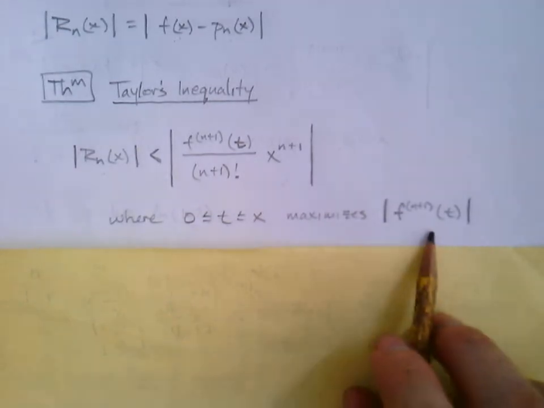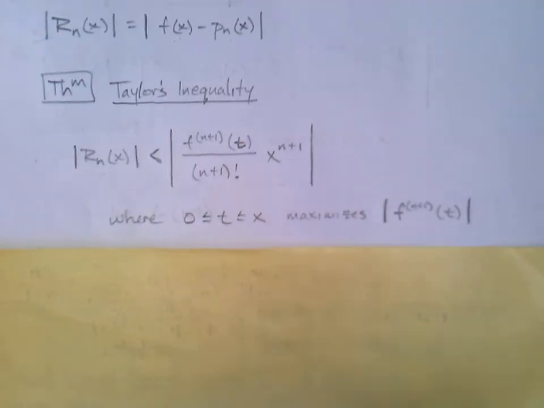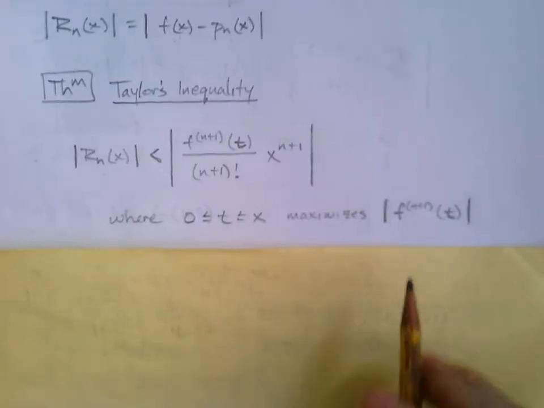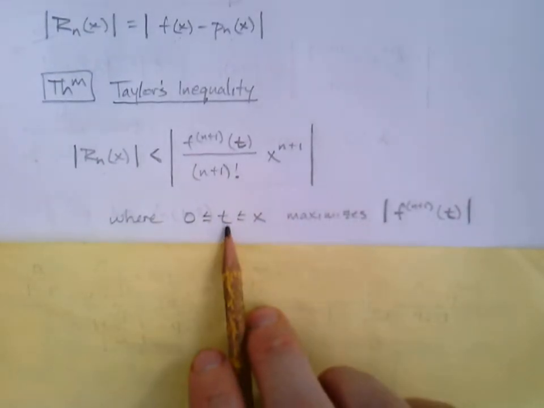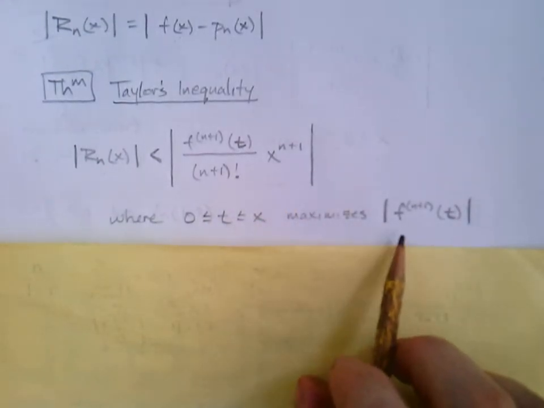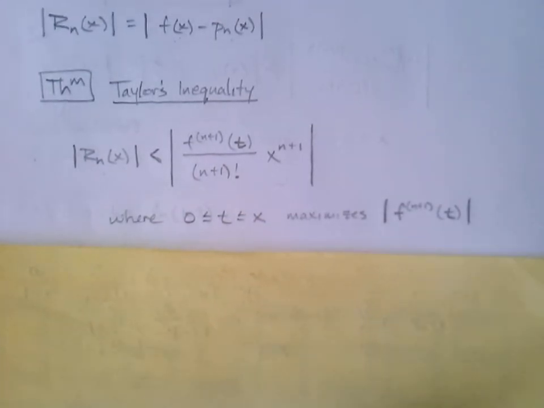And it maximizes that n plus 1th derivative of your function. Maximizes the absolute value, I should say. Okay. Now this thing about t is kind of strange. Let's do a problem. Maybe it will be less intimidating then.